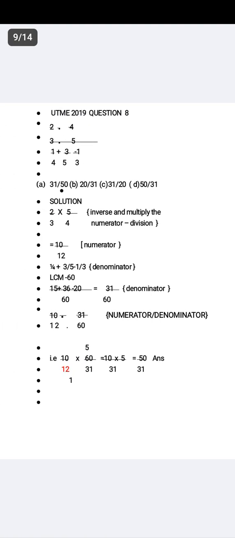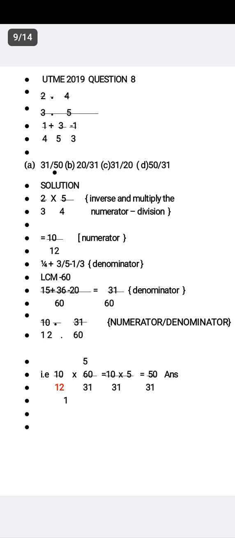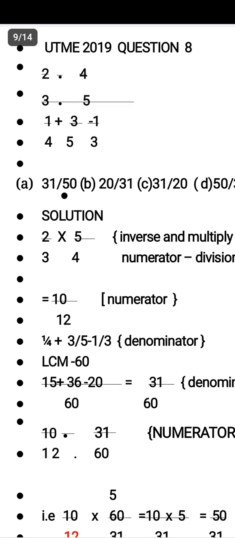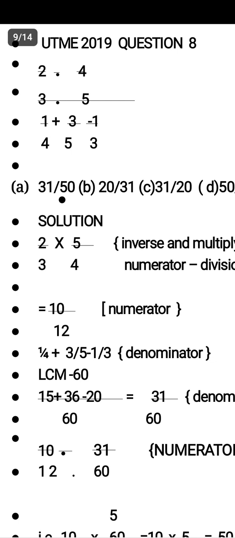The next question is also taken from the Unified Tertiary Matriculation Examination, year 2019, question 8. Now, look at the question very well. This is a complex fraction. It's a fraction upon a fraction.